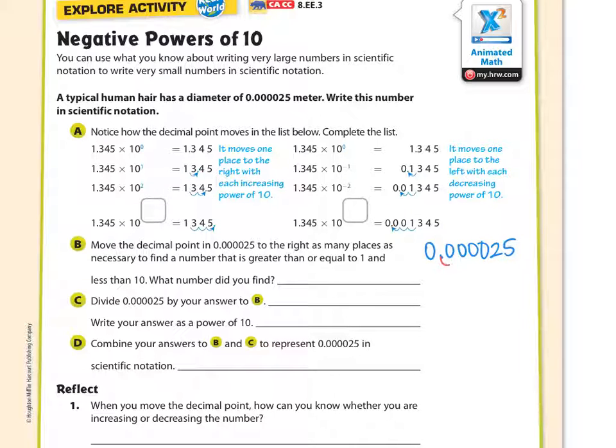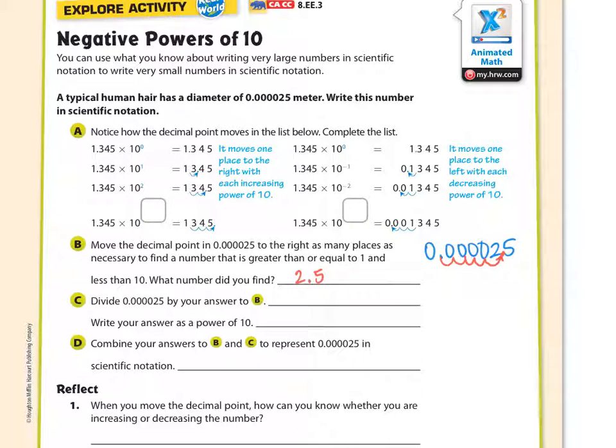So I need to move it all the way until I get a number that's between 1 and 10. And I can move it right there. That's the only place I can move it. I end up with 2.5. Putting it anywhere else won't give me a number between 1 and 10. So it has to be there.